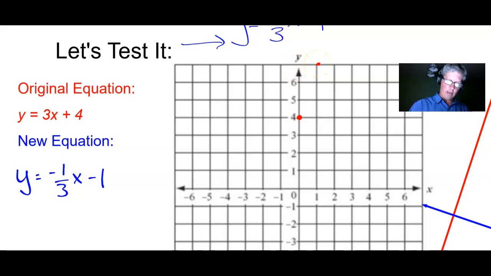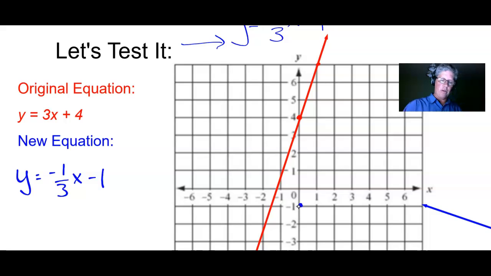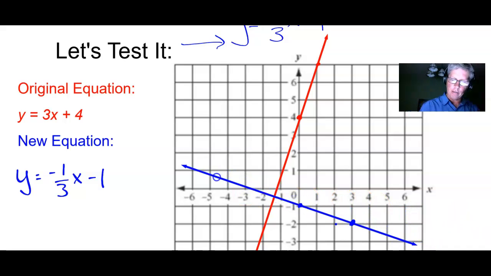And luckily I have the perfect line already made, so that's going to be something like that. And the other equation has a y-intercept of -1, and from there a rise of -1 and a run of 3. So there's our 2 points. That's roughly there, and sure enough those look pretty darn good. It's looking perpendicular.